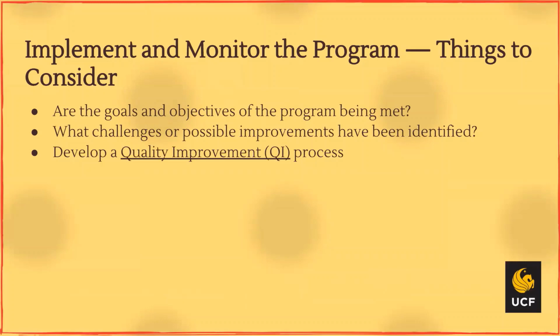You monitor the program and how your goals and objectives are being met or are not being met. Start identifying what challenges or possible improvements there are to work on. And based on that, you can develop a quality improvement process to make the changes needed and keep improving the program.